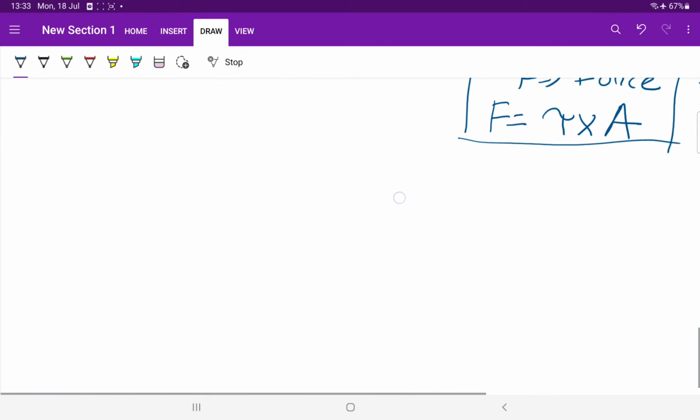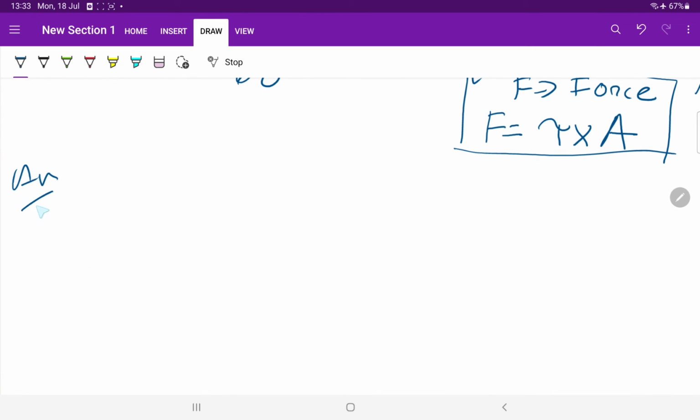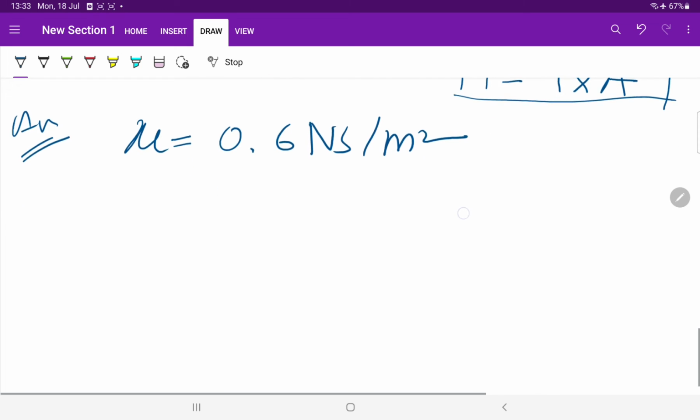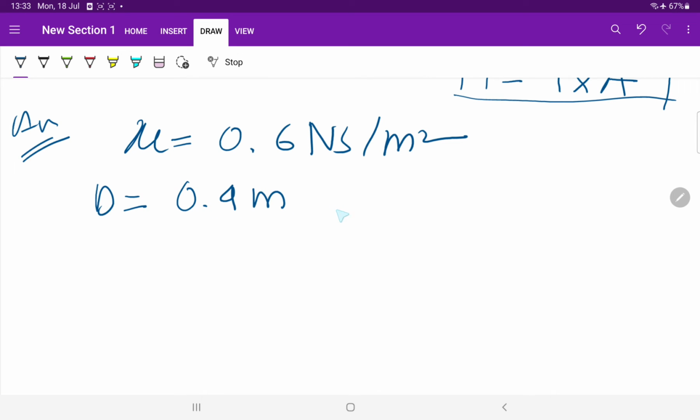Okay, so I'll just start again because I've just deviated from this. So mu is equals to 0.6 Newton second per meter square, which is the dynamic viscosity, and d, diameter of the shaft, 0.4 meter, which is given. n, which is the rotation speed, 190 rpm, this is given.